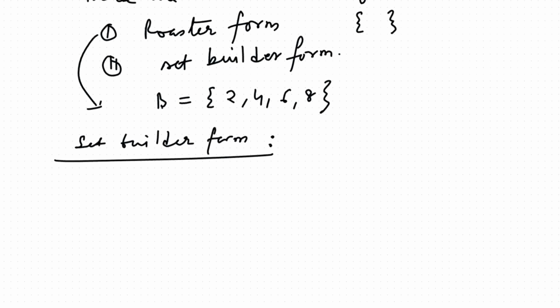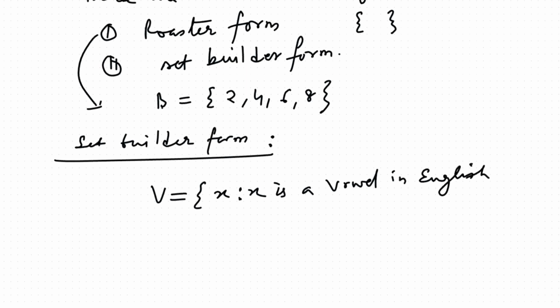Let us say V is a set where X is some element such that X is a vowel in the English alphabet. Instead of writing this, if we have to write it in the tabular form, how will you write? You can say A, E, I, O, U.